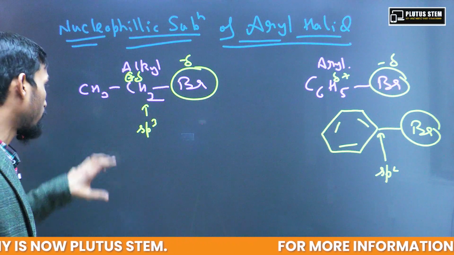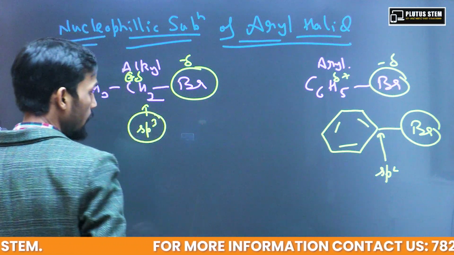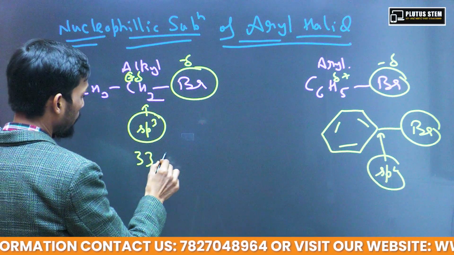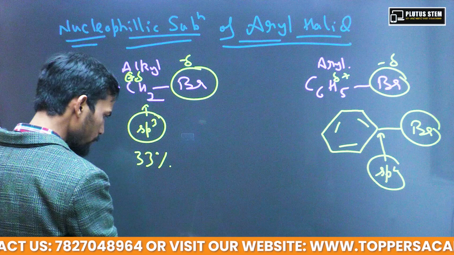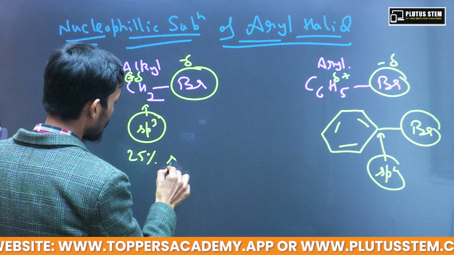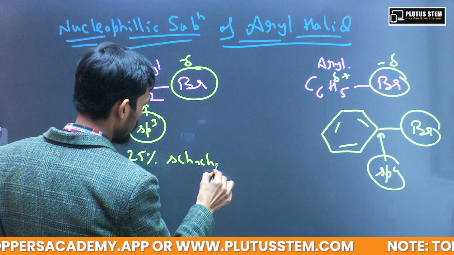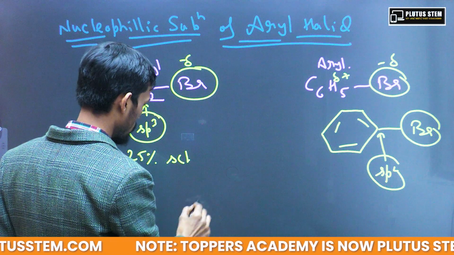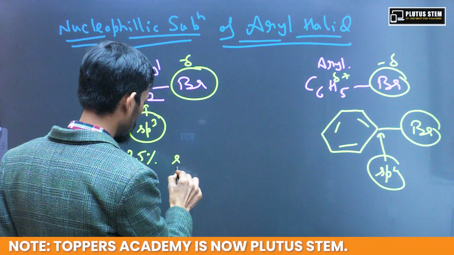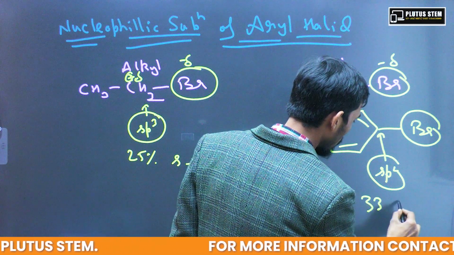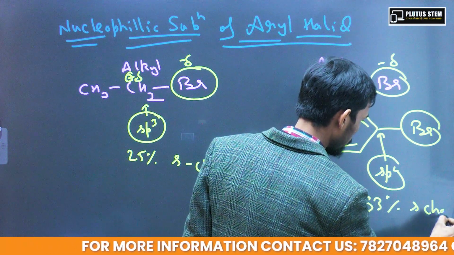But what is the major difference over here? Here it is sp3 and here sp2, which means here we have 25% s character and in this case we have 33% s character.